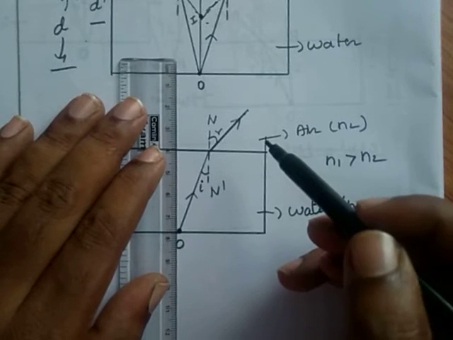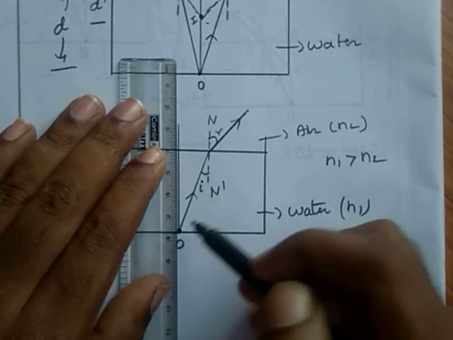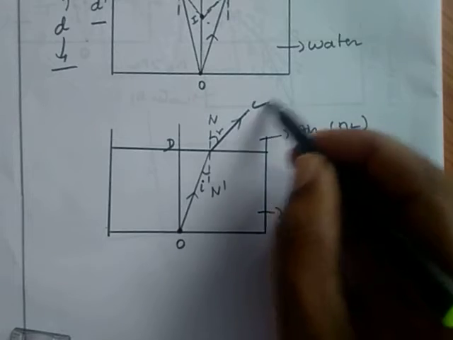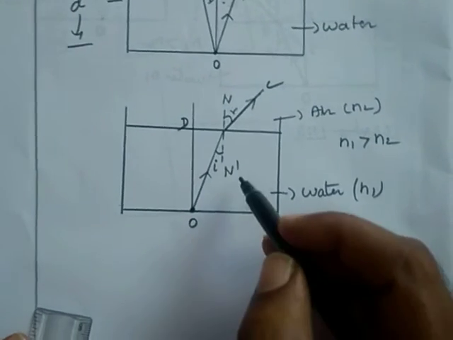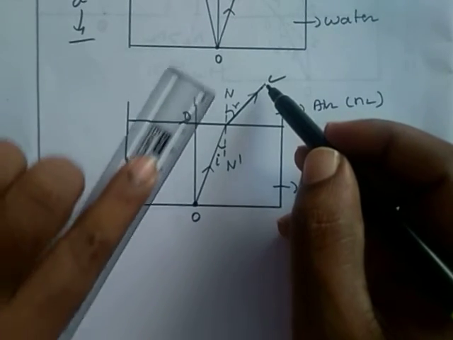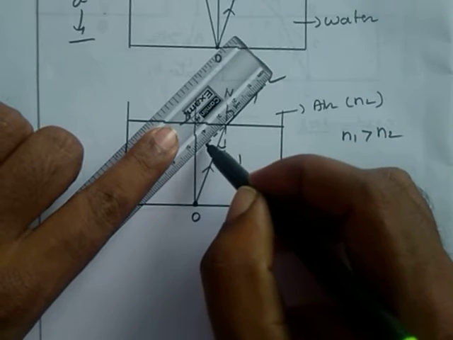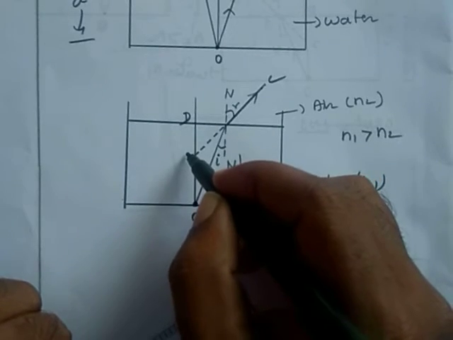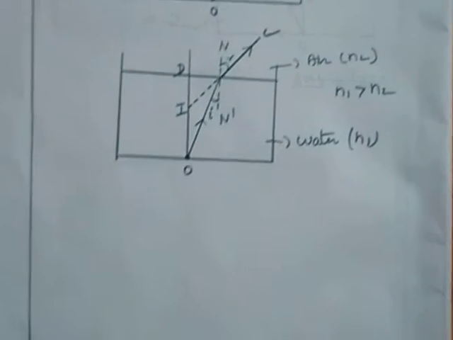Here I drew a line parallel to the normal, that is OD. This line is C. Then I am extending this refracted ray backwards, and it meets the line OD at the point named I. Then I am applying the geometry.